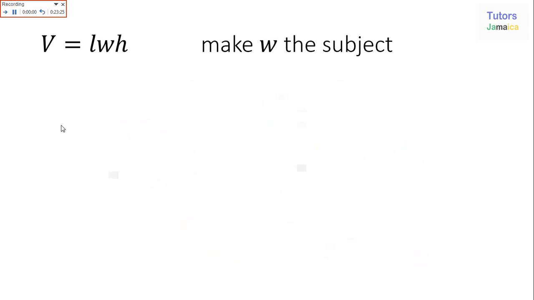Right, so we want to make W the subject of the formula. So what we need to do is we have L and H. Now, one of the things that we should know about algebra, when we have letters, for example, 2a means 2 times a, right? So whenever there is a number next to a letter, or a letter next to a letter, it means that they are multiplying each other.